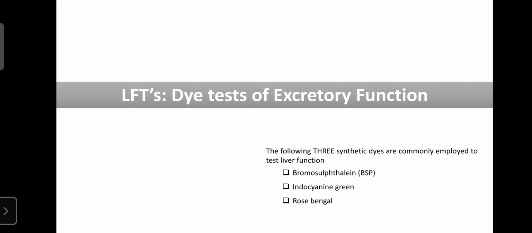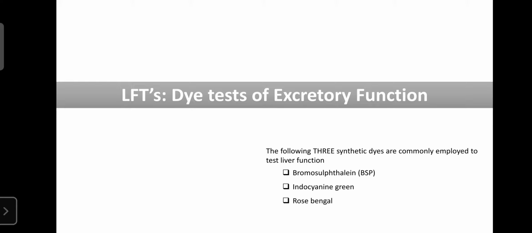Monitoring the dye level in the serum is helpful to assess the LFT, because in problems of liver function, there is a problem in the excretion of these substances.